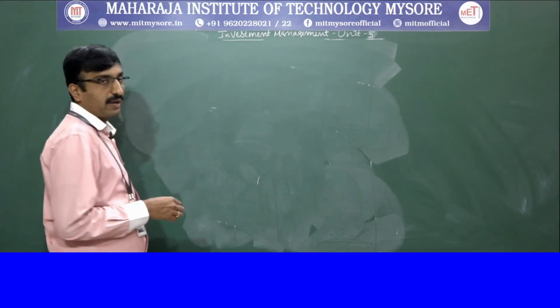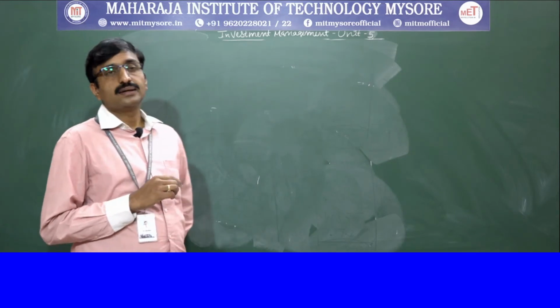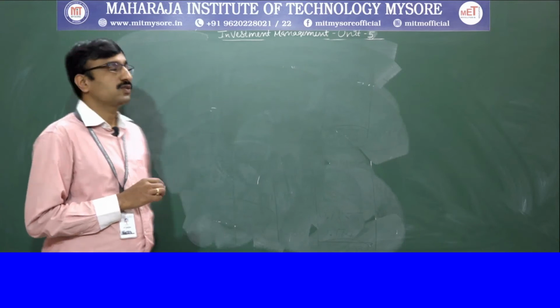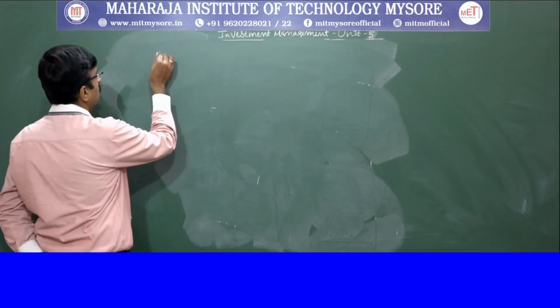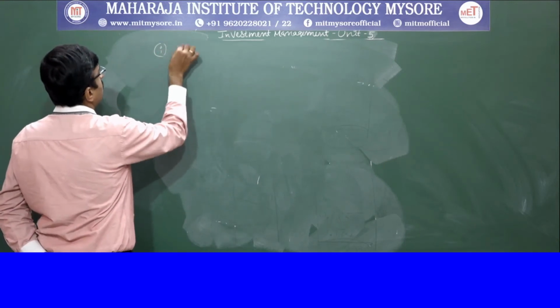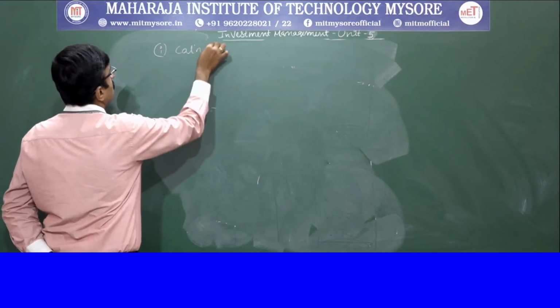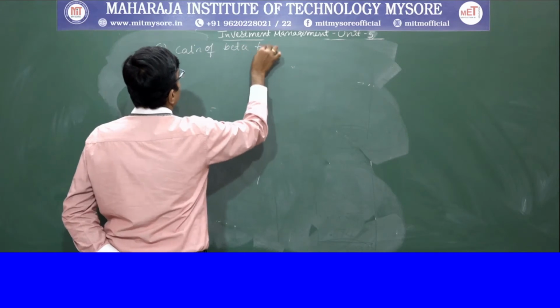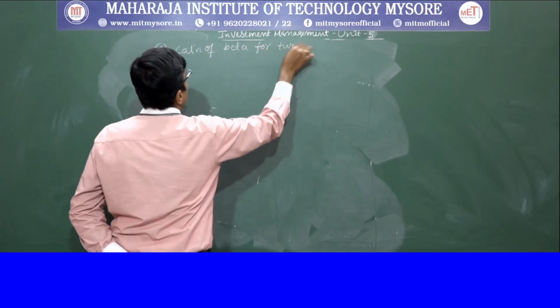Here the aggressive stock can be considered as A and the defensive stock as B. First, question 1, calculation of beta for the 2 stocks.